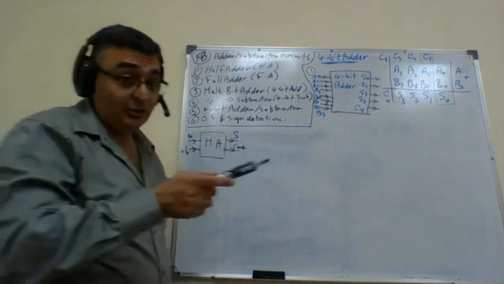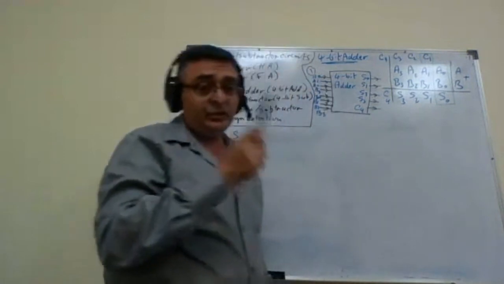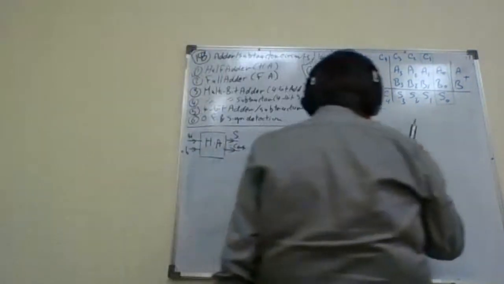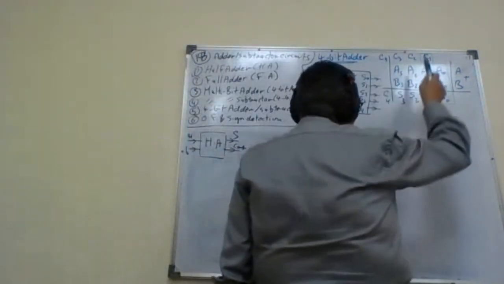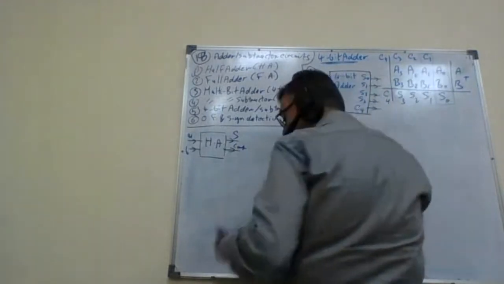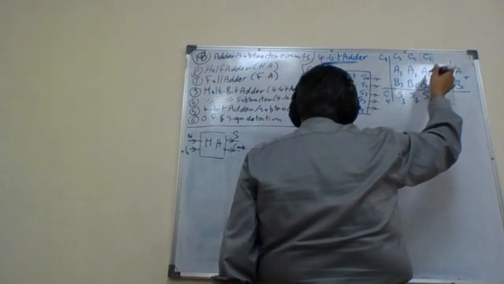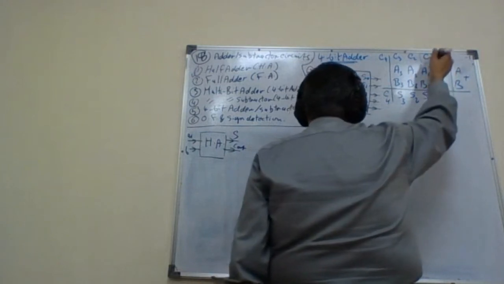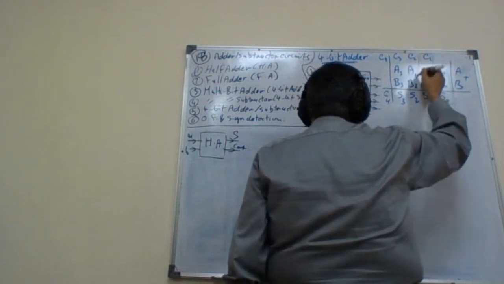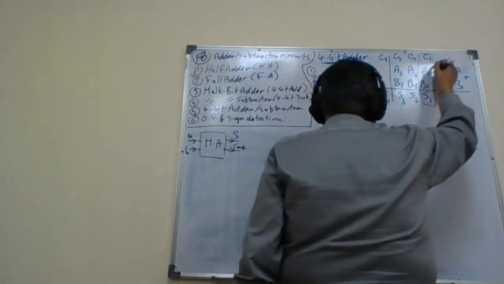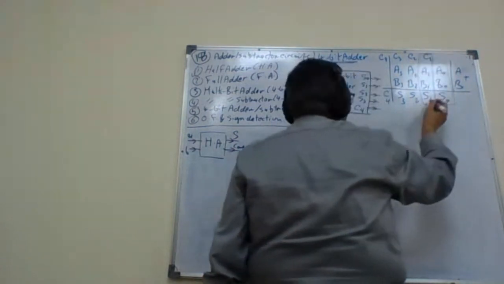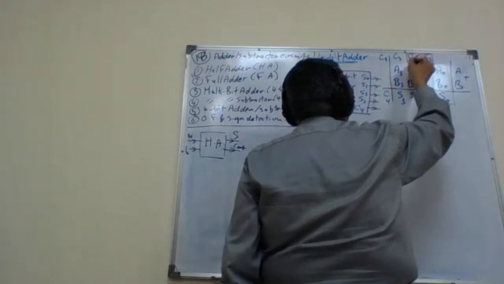Right. Let's go to the next step. In chapter number 1, what is the next step that we want to do? We need to add the inputs C1 to A1 to B1 and produce S1 and C2.